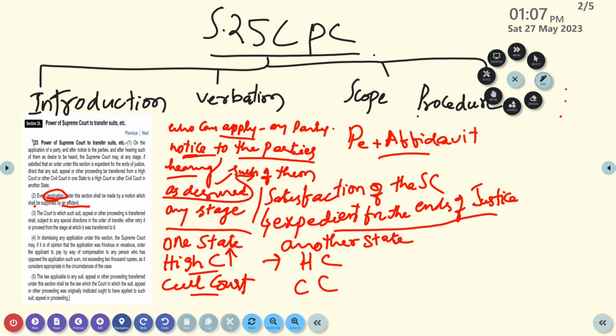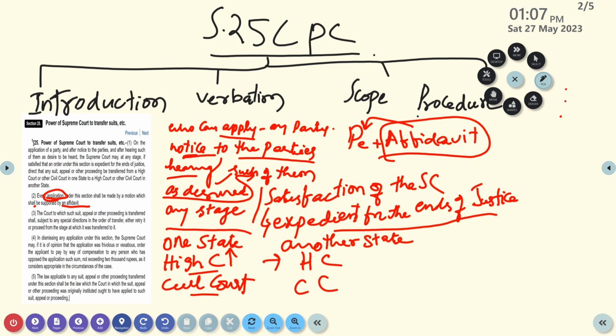Normally, what will be there in the affidavit? Supporting contents of the petition. We know that. Every petition shall be followed by an affidavit which contains the necessity and the facts and circumstances which lead to filing this petition.